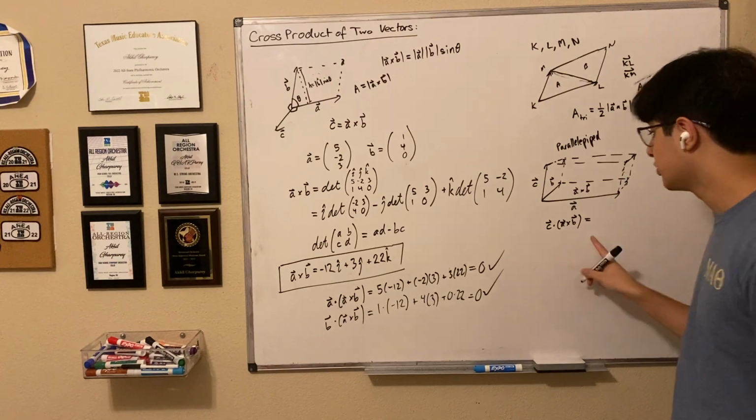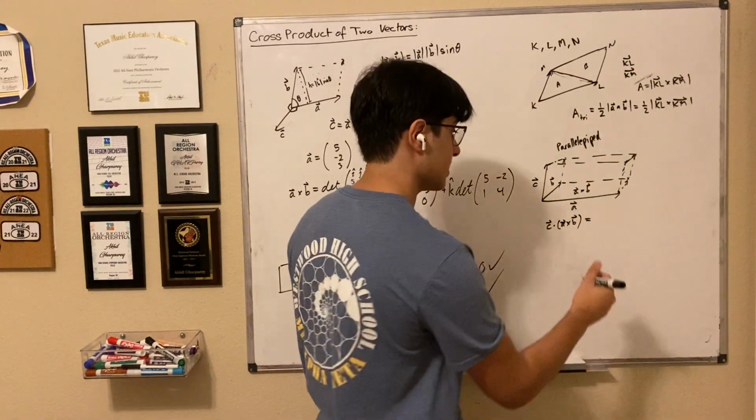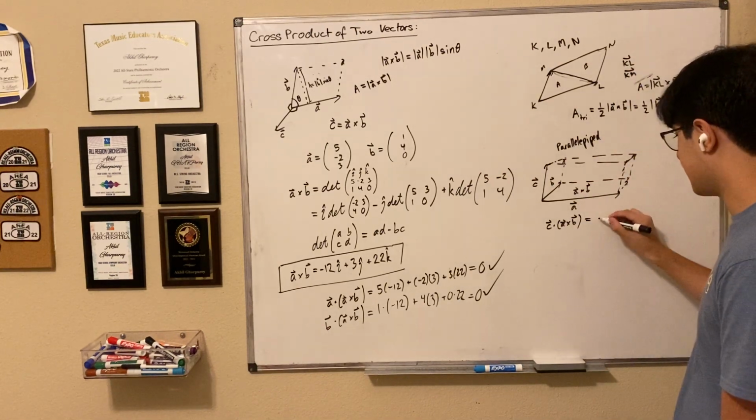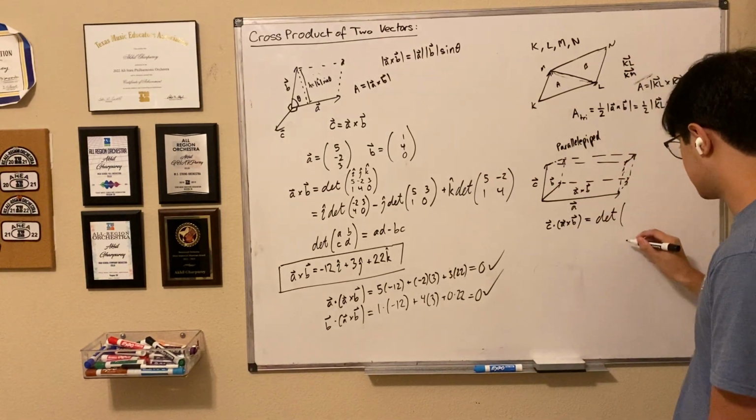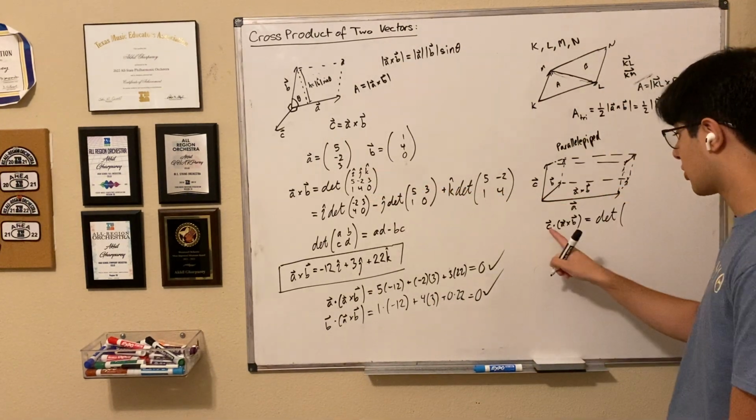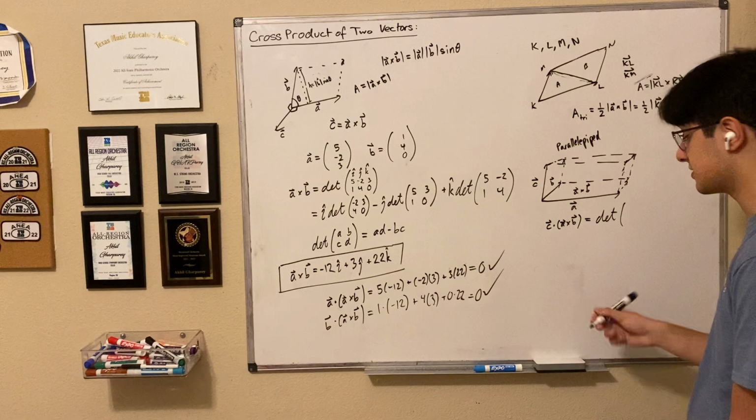The way we can compute this triple scalar product is by taking another determinant of a 3x3 matrix. But this time, it's a little different. Instead of i, j, k being at the top, we're going to have the components of C at the top.